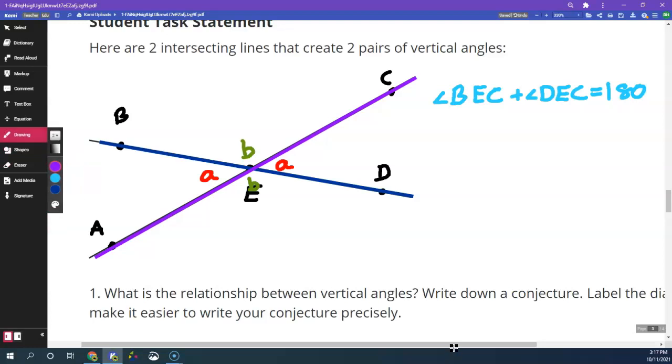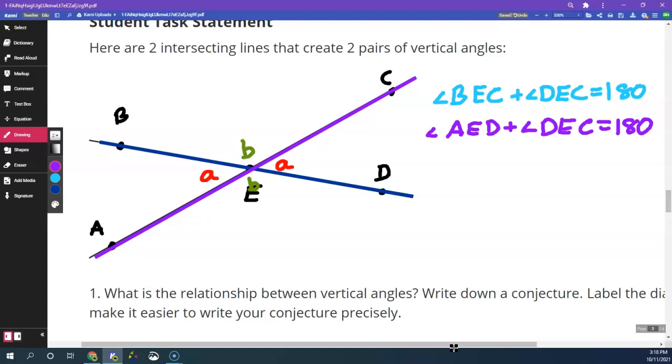Okay? So I can come up with two of these angles, A and B, right? And I can say AED and once again DEC also equal 180 degrees. So two straight lines, two linear pairs, two equations. So that's the two groups that got this fully developed.